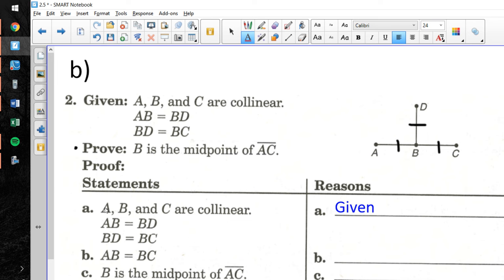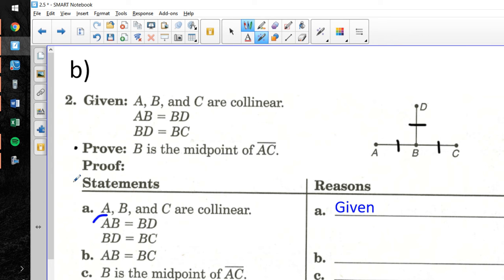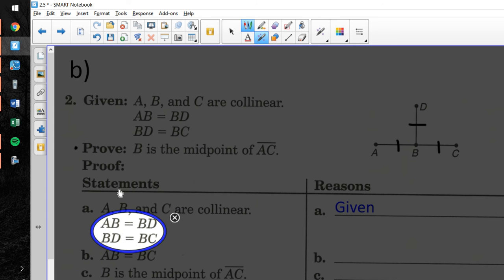If we take a look at statement B, AB is equal to BC, let's take a look at what's going on with these steps right above us, guys. AB is equal to BD, and BD is equal to BC. So if we zoom in just on that, I see 2 equations, but the right side of the first equation and the left side of the second equation are exactly the same.